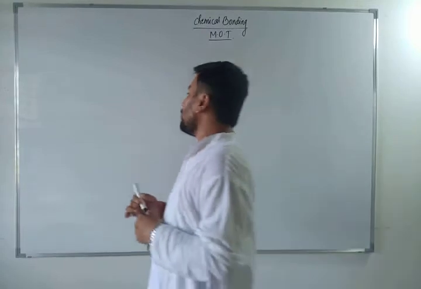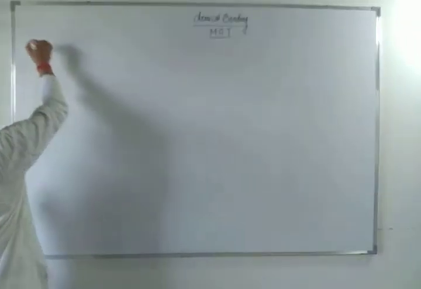Just remember that for B2, C2 and N2, the number of electrons is less than or equal to 14. How will you understand that?